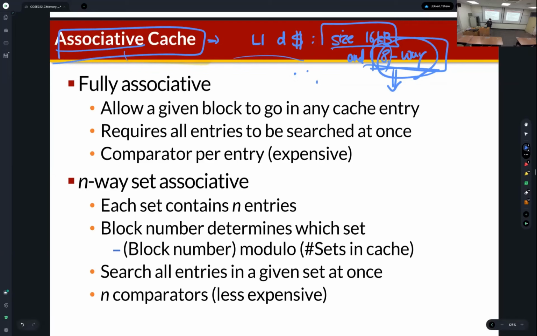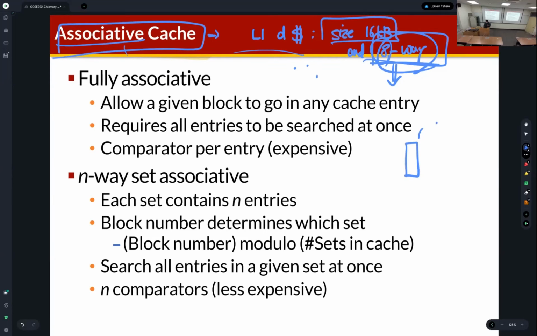In the previous class, we learned about the cache organization, and I said this cache is the direct mapped cache. What is the direct mapped cache? When we learned about the cache organization, this is the cache block.